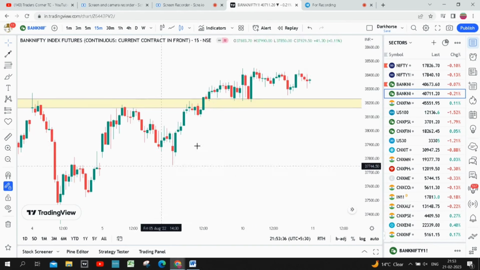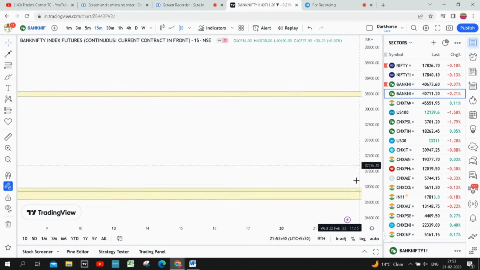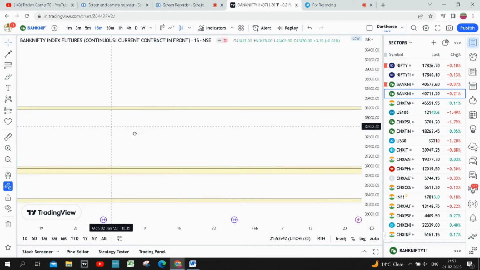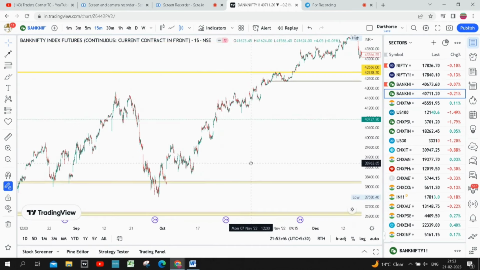Like this, we have n number of examples to find out the exact entry and exit points. If you keep following this method for a short time, I'm sure that you will gain confidence.